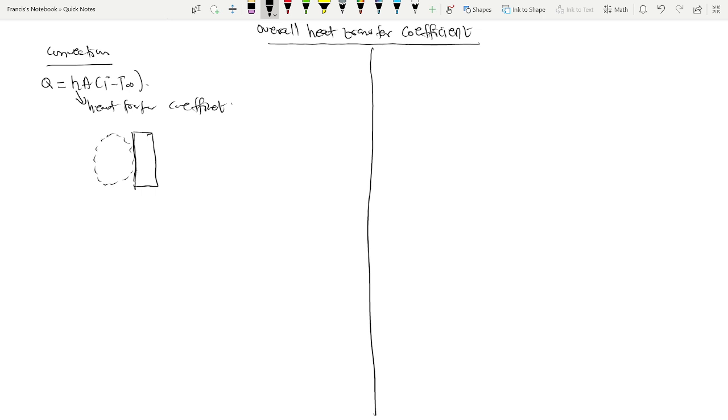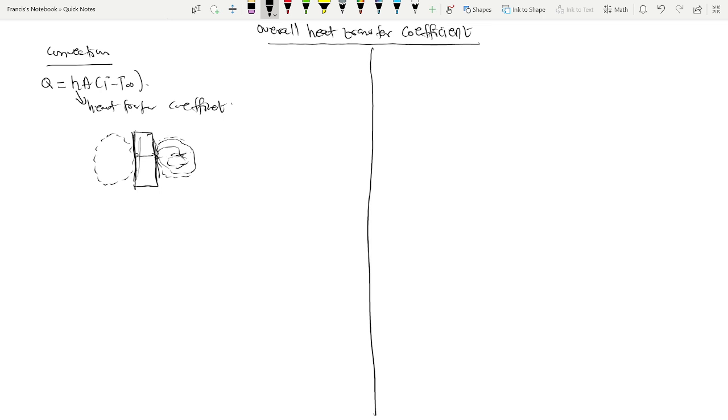Now heat will be transferred from the hot fluid to the surface of the metal slab, and then heat will be transferred from the metal slab to the other surface. So when you have another cold fluid here, then now here it becomes hot, and it also loses heat from this hot surface to the cold stream.